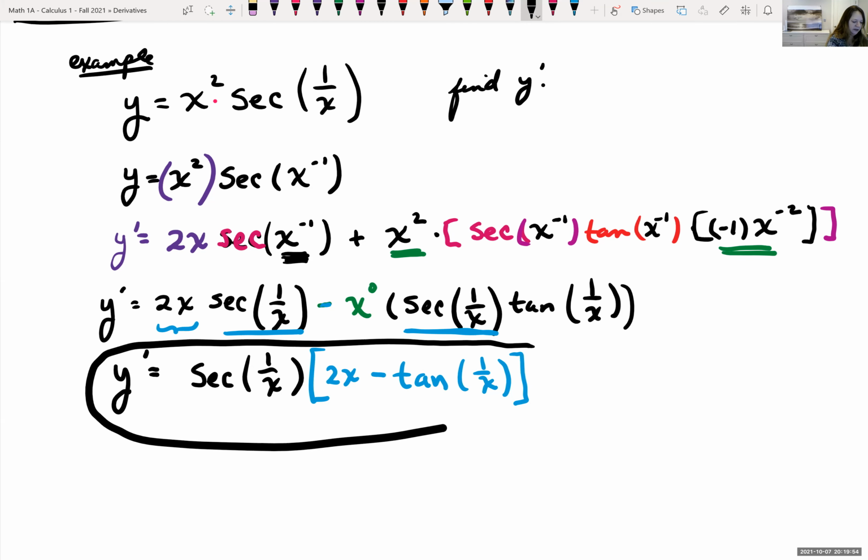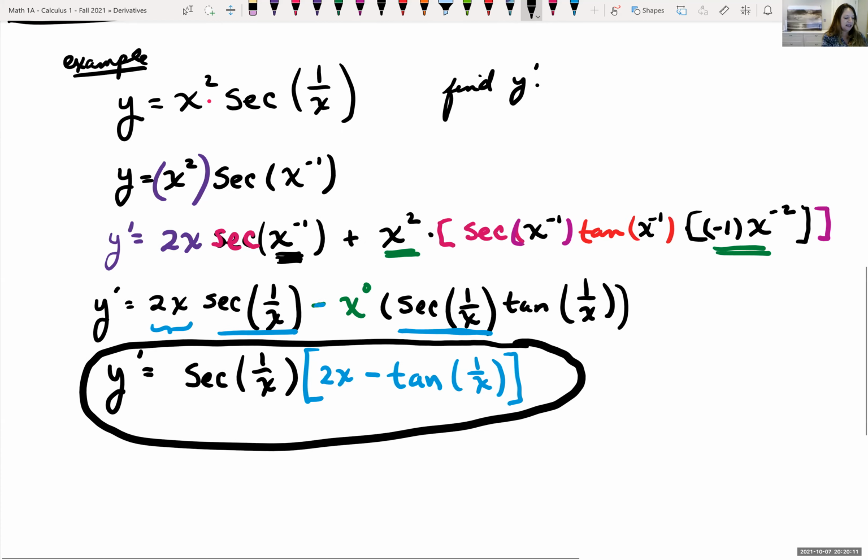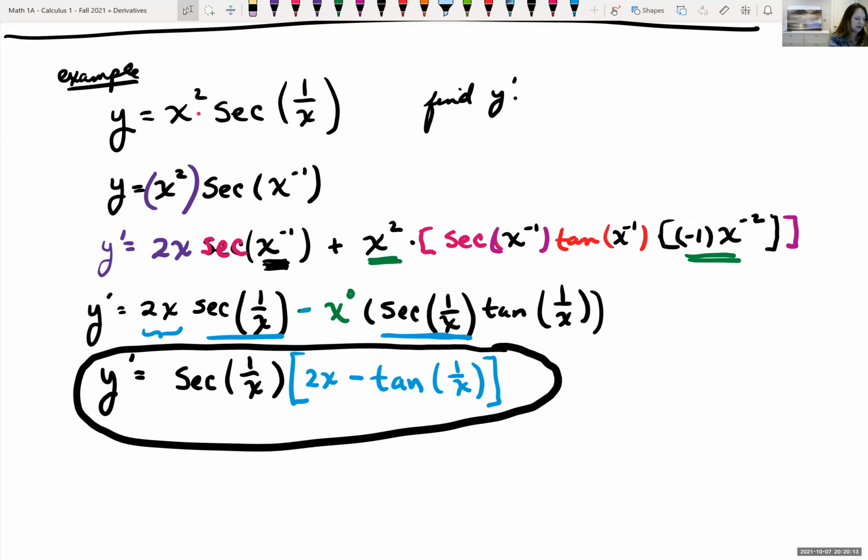Okay, so we found the derivative of y. So does the negative 1 times x to the negative 2 cancel out with the x squared over there? Yeah, because it's not that it's subtracting, it's just that we're multiplying.